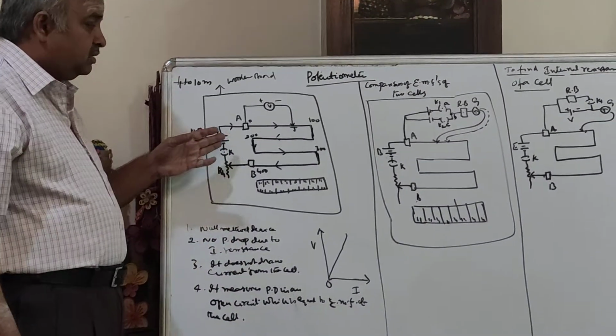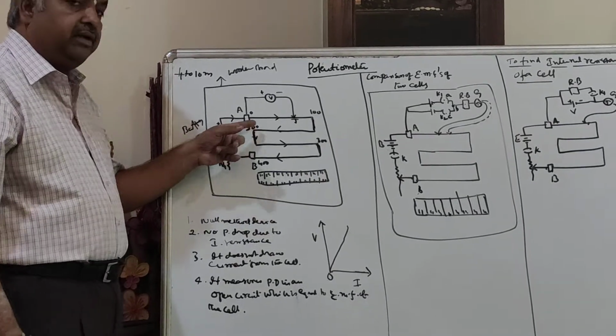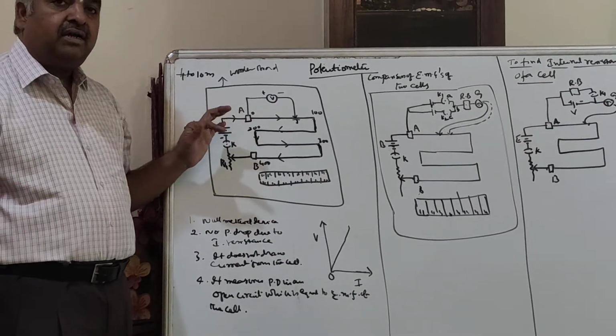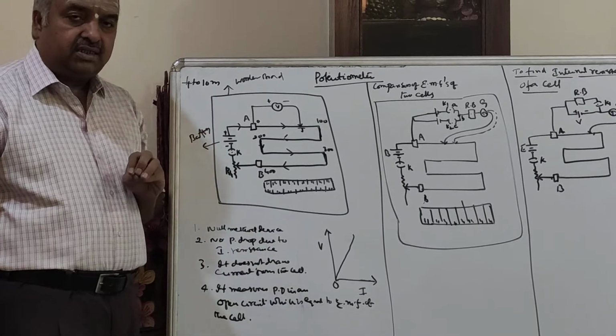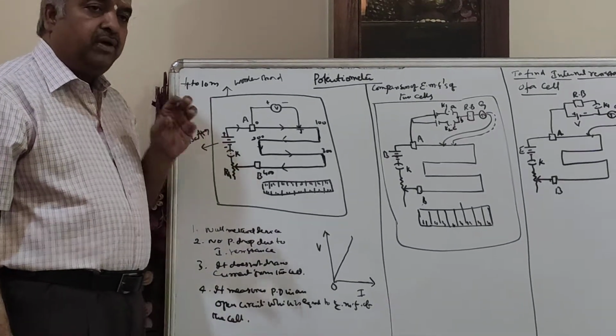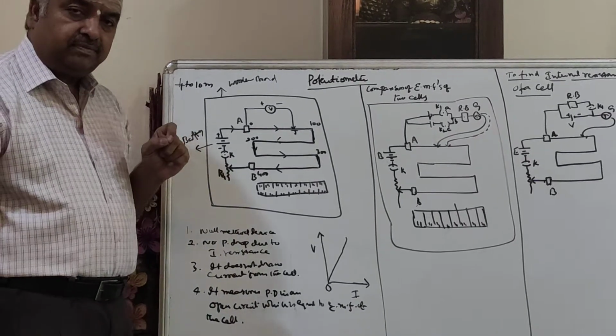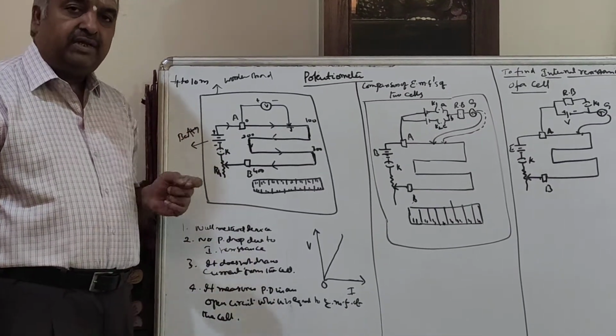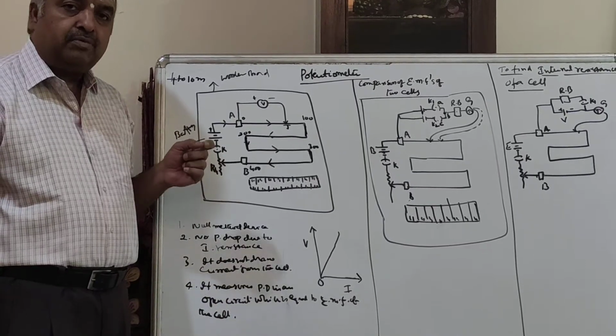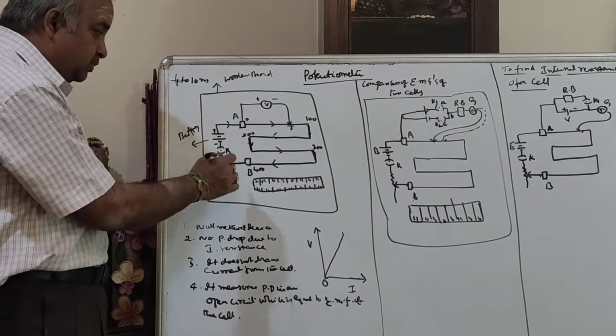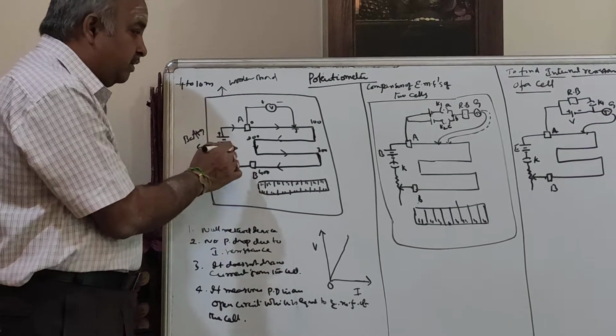Now in this we are using constantan or manganese wire. Why are constantan or manganese wires used? Because they have high resistivity as well as a low temperature coefficient of resistance. So that's why we are using this one.